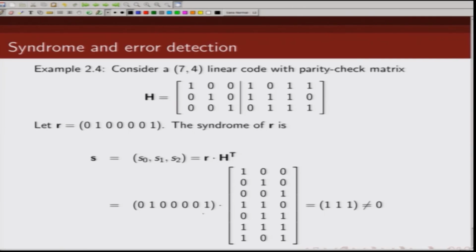So, R is this and H is given. H transpose is basically 1 0 0, 0 1 0, 0 0 1, and so on. When I multiply this by this, this by this, this by this, what I get is 1 1 1, which is not 0. That means there is an error in my received sequence.